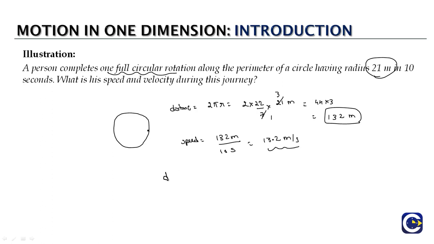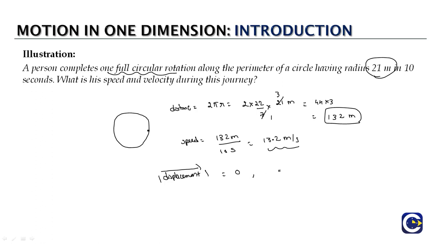Now when we talk about the displacement, of course it is a vector, but let's just look at what is the displacement magnitude. When the particle is completing one full rotation, whatever is the initial point is becoming the final point, which means the shortest distance between the initial and final point will be 0. So if in any motion the particle is coming back to the starting point, the overall displacement will be equal to 0.